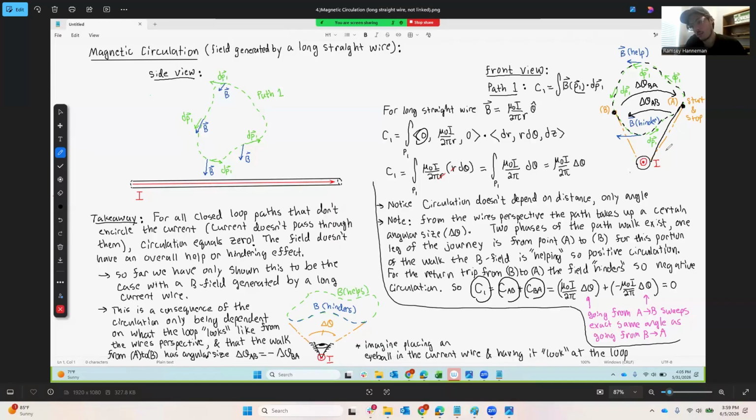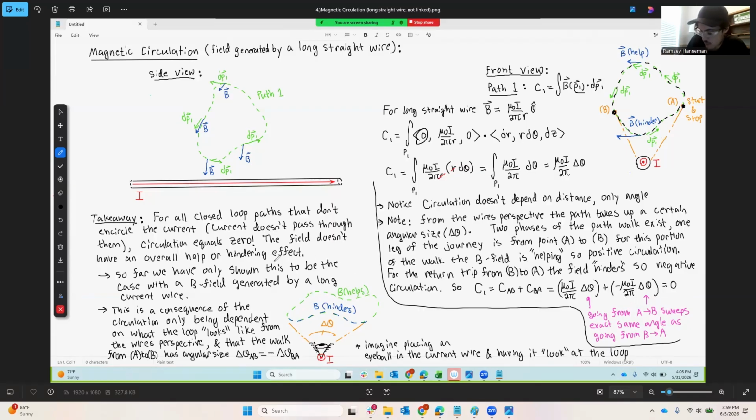It's a difference in angle, right? It's the same angle, but a different sign. Yeah, different sign, exactly, different direction. So delta theta AB looks like it's probably positive with the counterclockwise convention, and then delta theta BA is negative. So when you add both those up, you end up with a total circulation of 0.